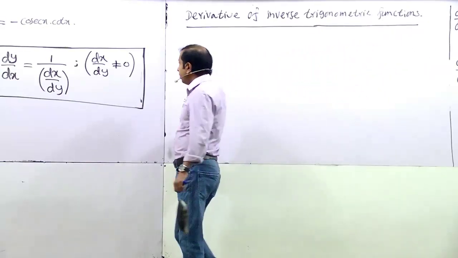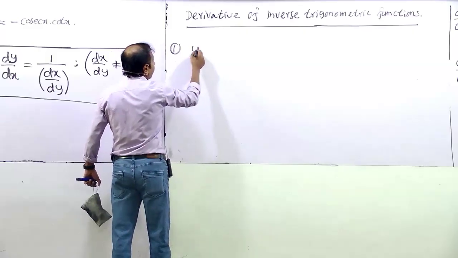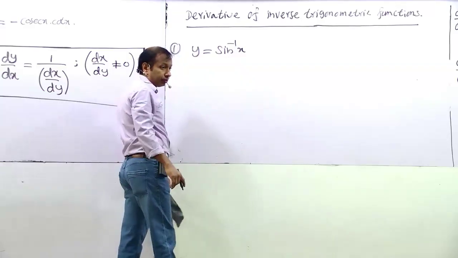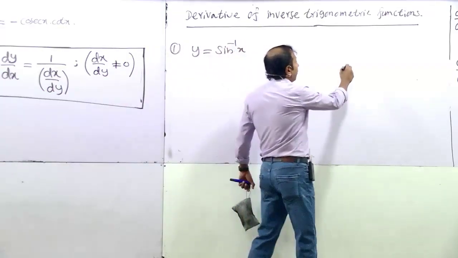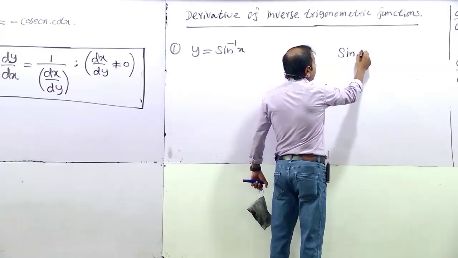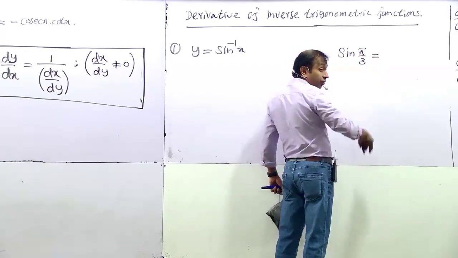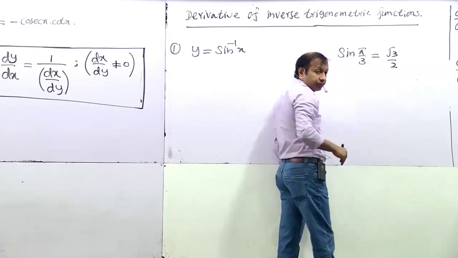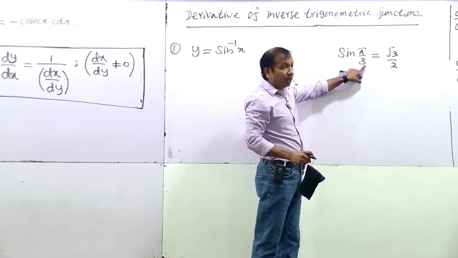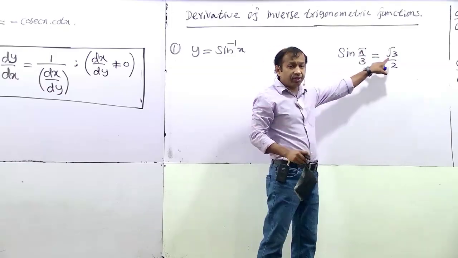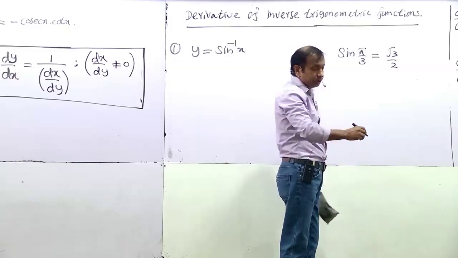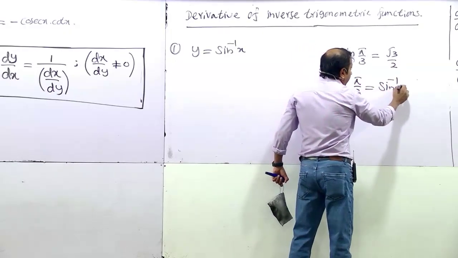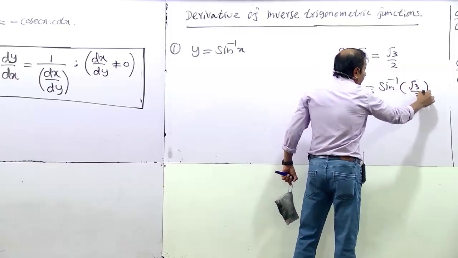Our first one is y equals sine inverse x. You know, if I write sine pi by 3, sine 60, what is this? Root 3 by 2, no? If we need to find this angle pi by 3, we take the sine to the right-hand side as sine inverse. Yes. Pi by 3 equals sine inverse root 3 by 2, like this, no?